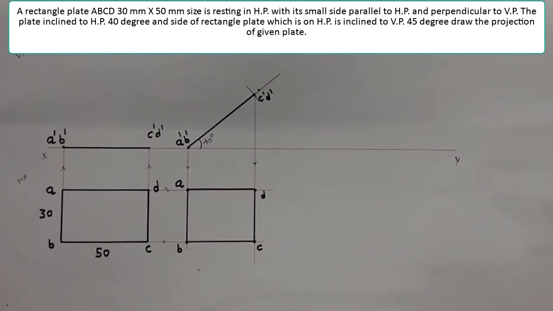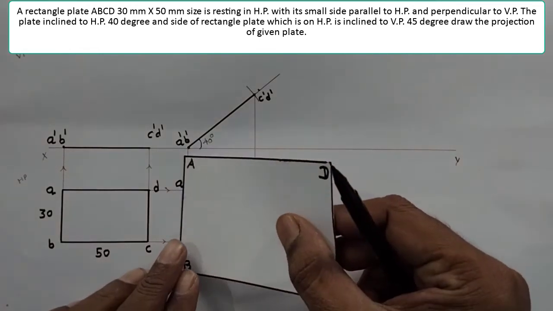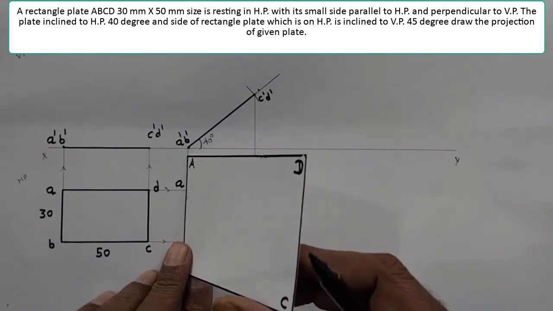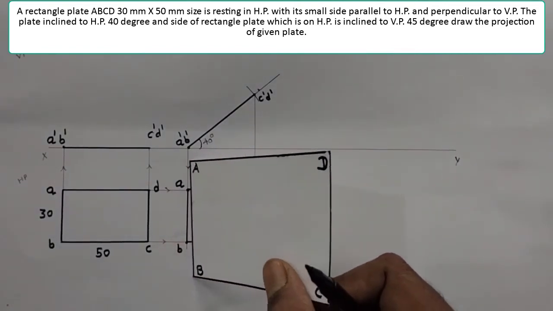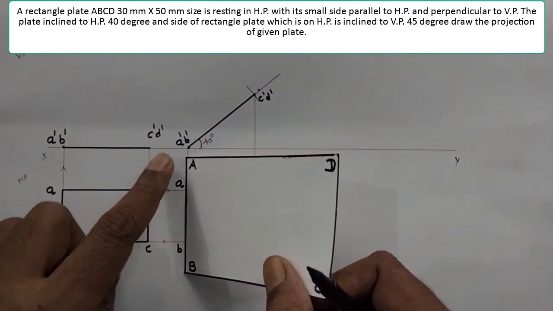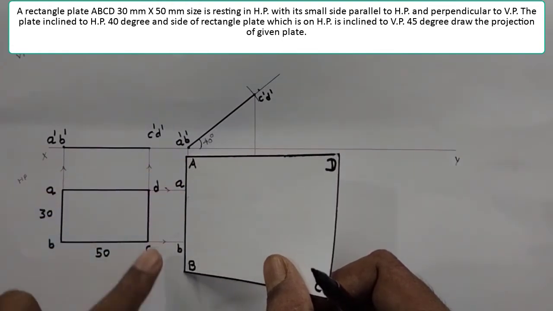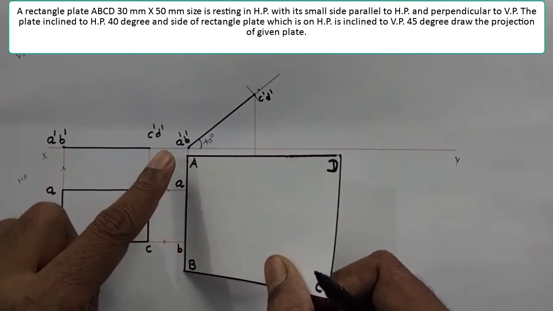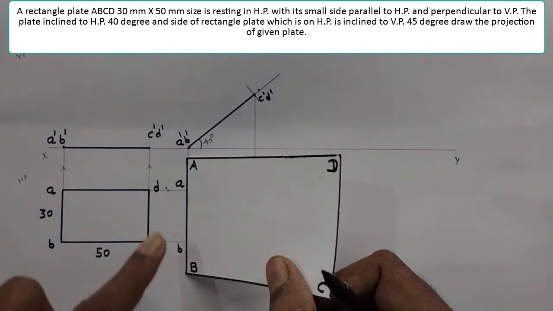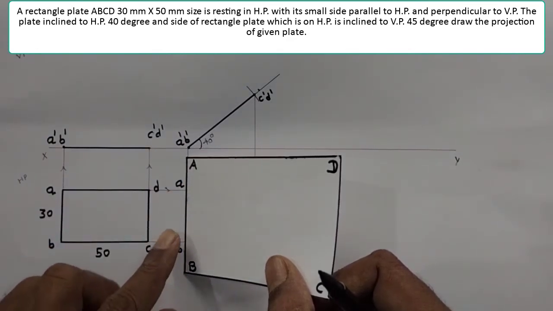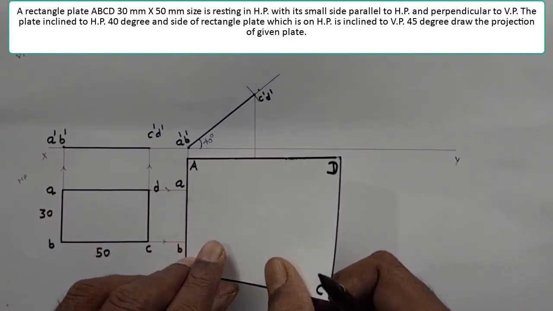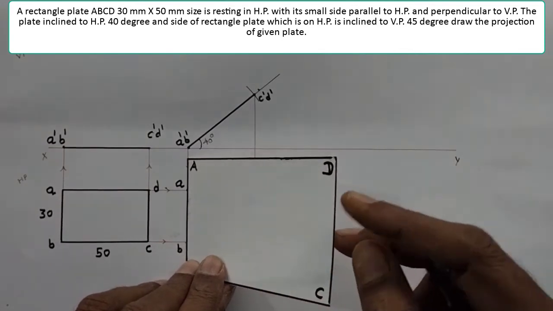Now as per the problem statements, the side AB, which is perpendicular to VP, that is 90 degrees with VP, is inclined to VP at 45 degrees.